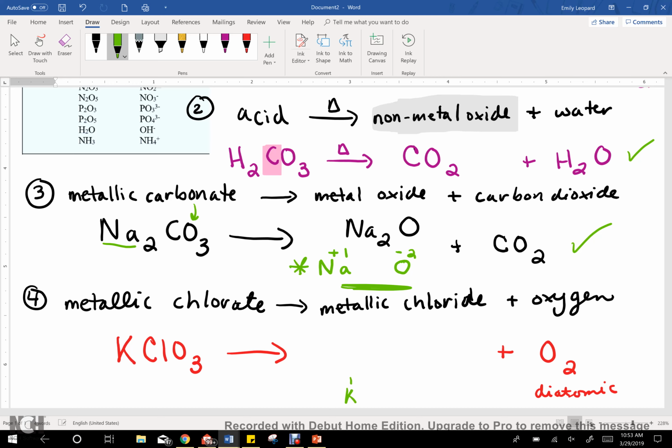So take your metal potassium, and then you take chlorine from chloride. Potassium's a +1, chlorine's a -1. Balance them out, KCl, and there's your product. Put it in red here. Okay, so here's my metallic chlorate breaking down into a metallic chloride and oxygen. And again, let's check and see if it's balanced. In this case, it does look like we're already balanced and good to go.